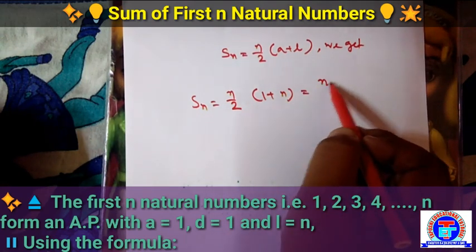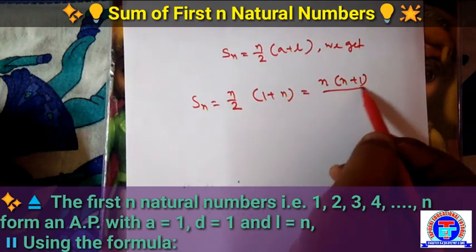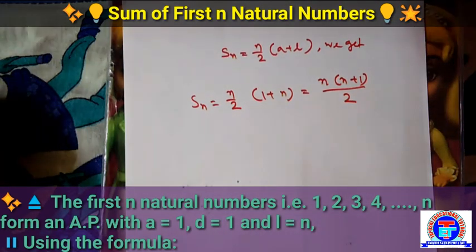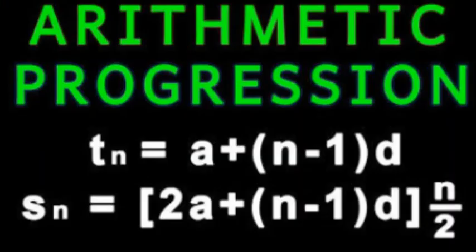That means n into (n plus 1) by 2. Right, student? Now, dear children, for better understanding, we now discuss some examples regarding this arithmetic progression.